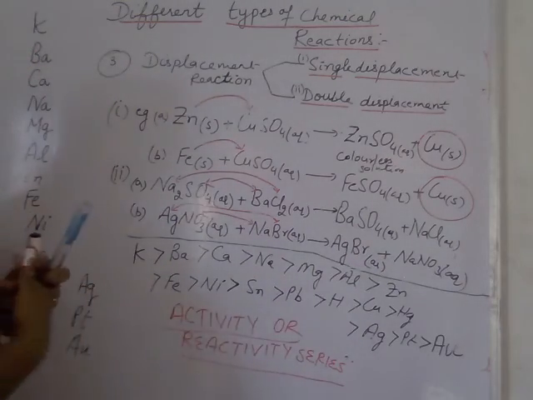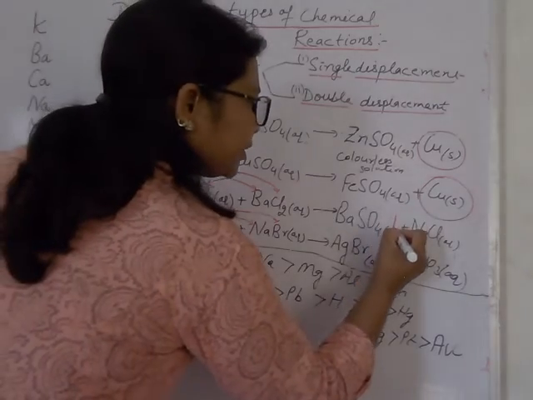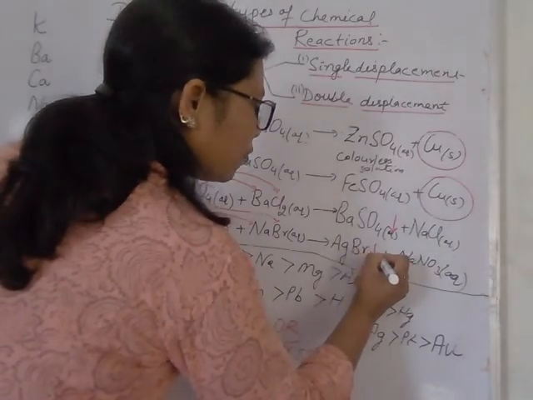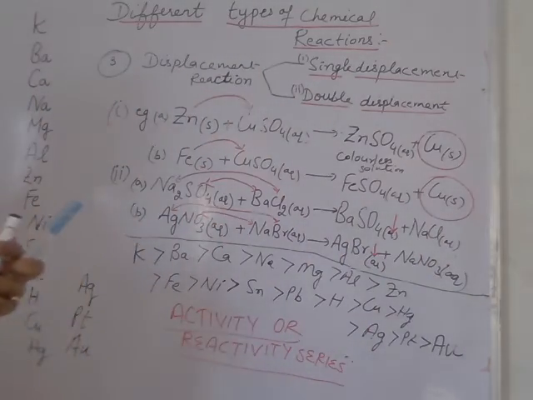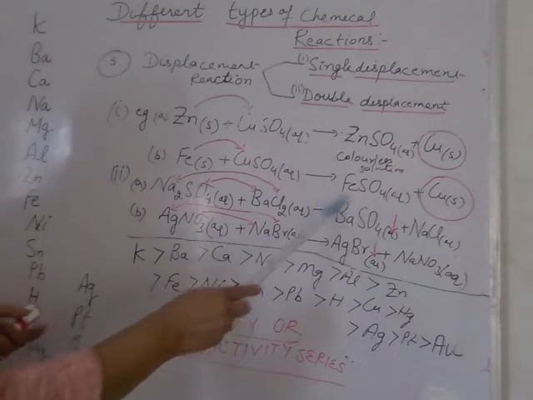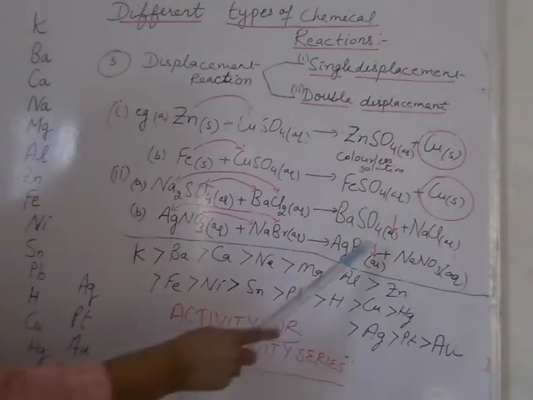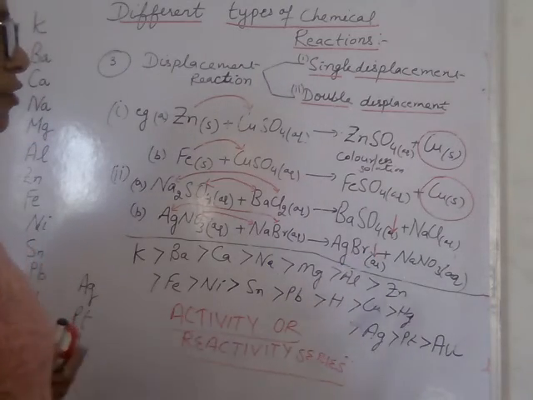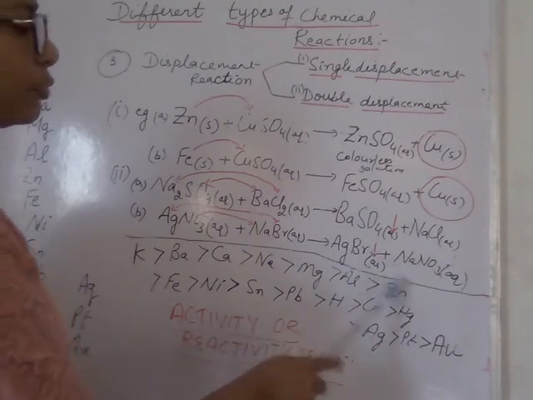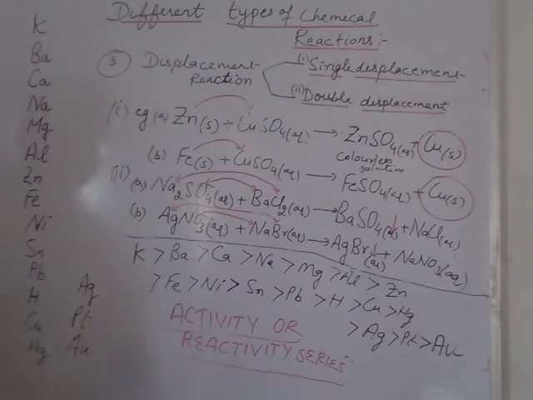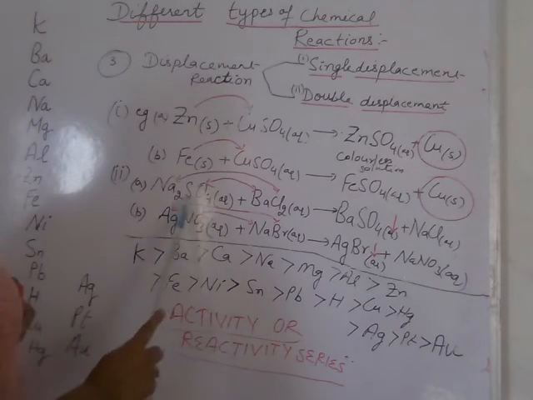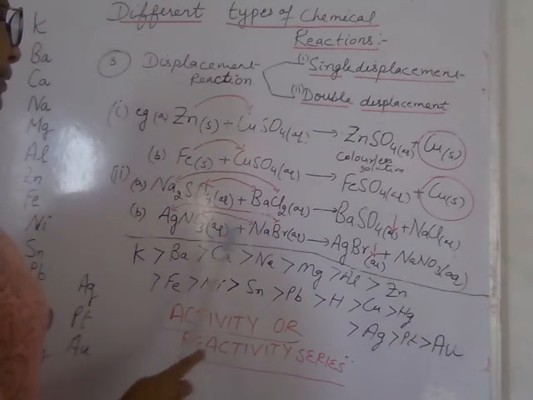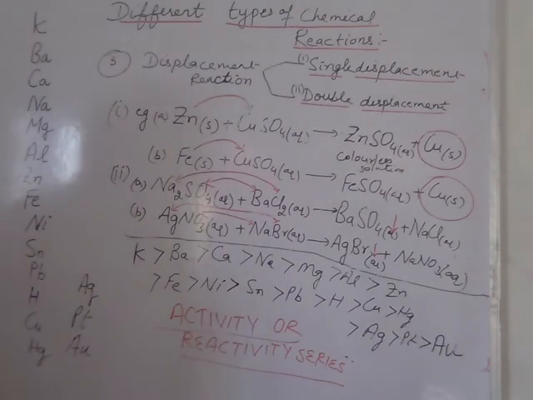So I have told you that we can show precipitate formation with the help of arrow pointing downwards along with the formula of that compound. So silver bromide is of yellow color. So we will have yellow colored precipitates of silver bromide and sodium nitrate will be formed. So this is an example of double displacement. This is another example of double displacement.